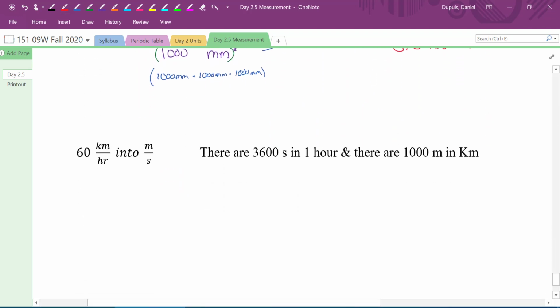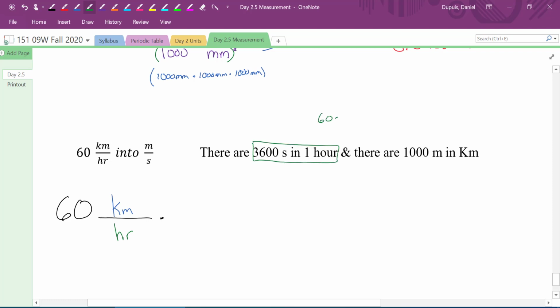And last example, we're going to do kilometers per hour to meters per second. All right, so we have 60 kilometers per hour. And just so you know, that's 3,600 seconds in an hour.